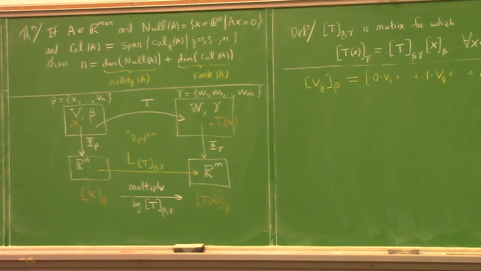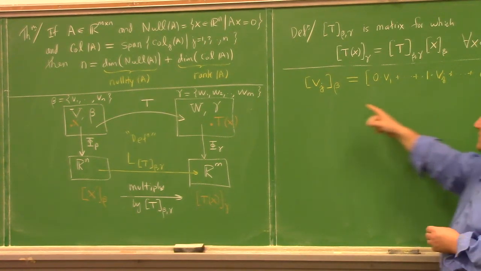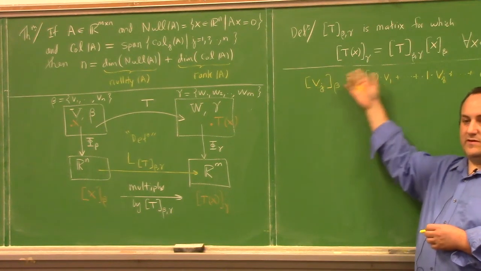The coordinate map is a machine to convert the abstract basis to the standard basis, is the way to think of it. Now, the reason that's interesting is that if we take the case x equals vj, see what happens to this equation up here.